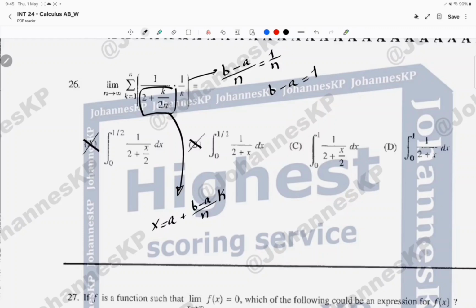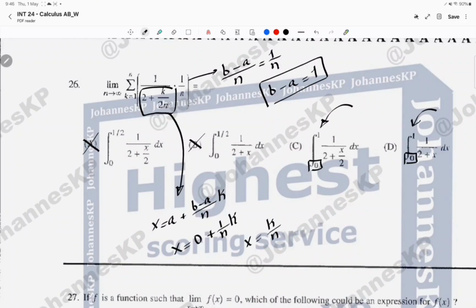Now, we know that a could not be a number that is so large because the whole thing b minus a is equal to 1. So our answer is going to be either C or D, meaning that a is going to be a 0. So x is equal to 0 plus 1 over nk. So essentially x is equal to k over n.